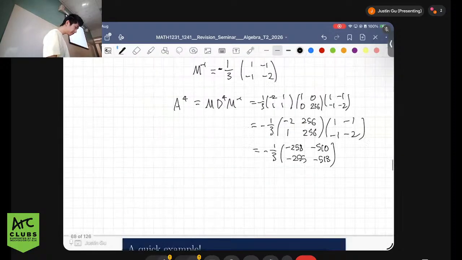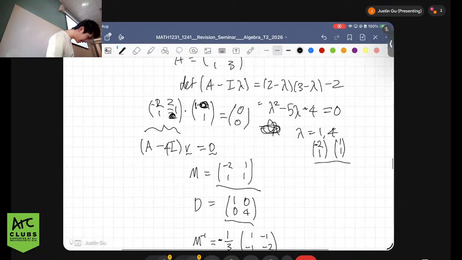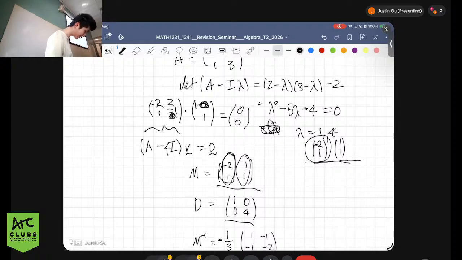Oh, M, you get M just by putting in the column vectors of M, which would just be the eigenvectors you calculate here. So this left column of M is this eigenvector, and this right column of M is the eigenvector here. Make sure it's corresponding.